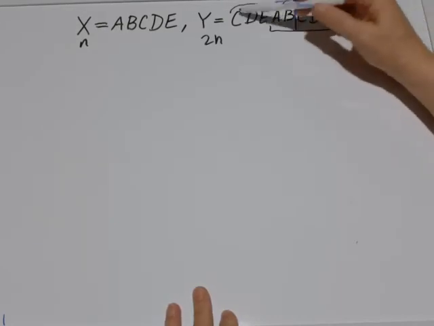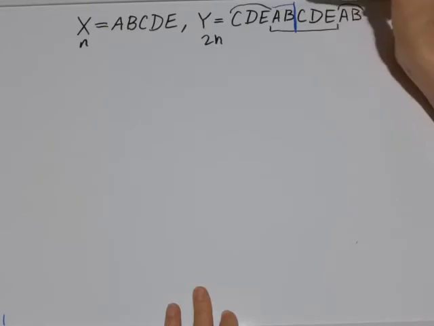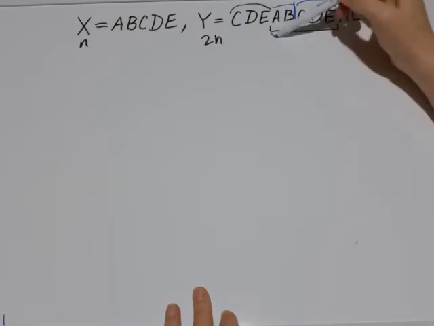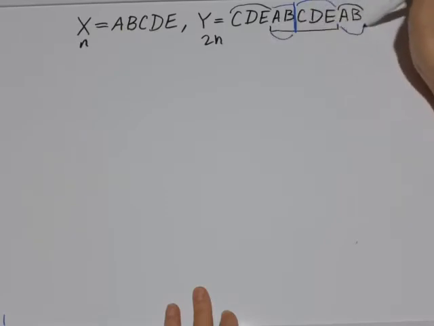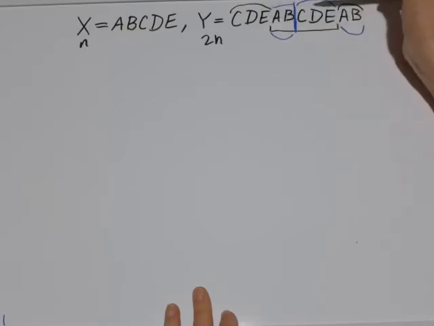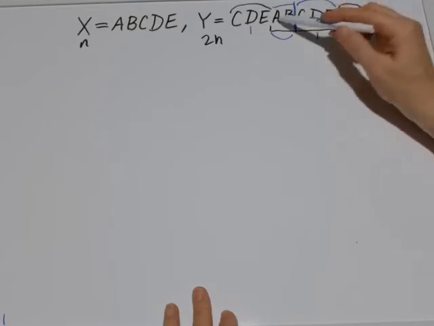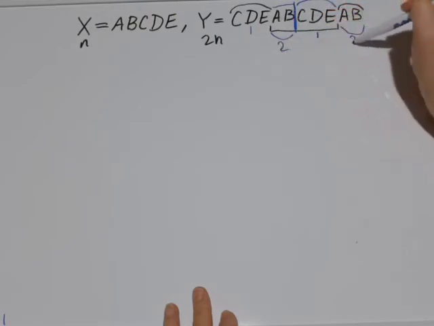If this is a suffix and this is the remaining prefix, then this x will have the remaining suffix CDE. We know that AB is the remaining prefix, and CDE is the remaining suffix. So this portion is equal to this portion, and prefix is equal to prefix.